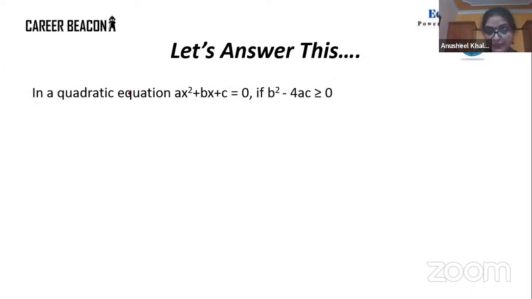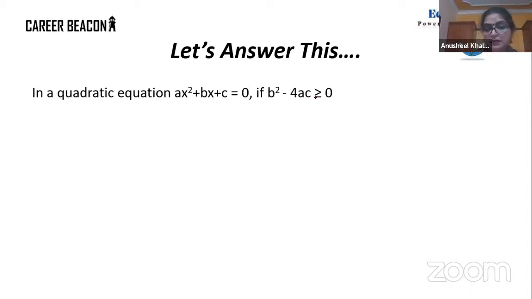So in a quadratic equation, ax squared plus bx plus c equal to 0, if b squared minus 4ac is greater than 0. Now, can you answer this question? No, you cannot. Why? Because you don't have a complete question here, right? But what most students do here is read the statement and say b squared minus 4ac is greater than or equal to 0, then the roots are real and distinct, or they can be equal as well, right?